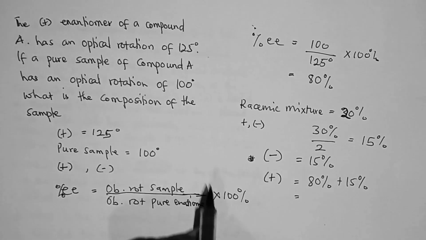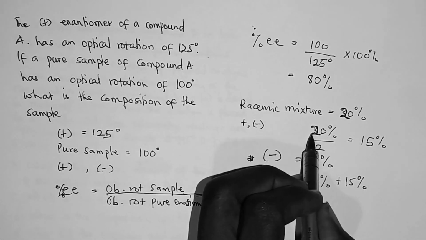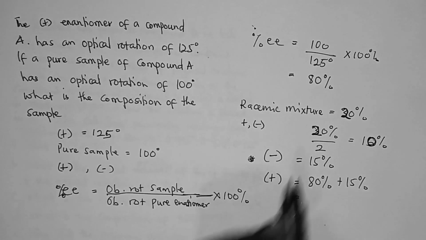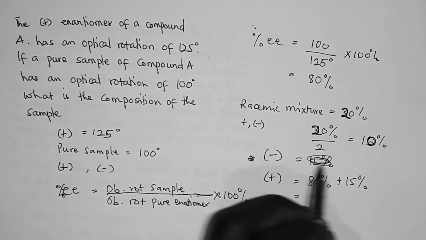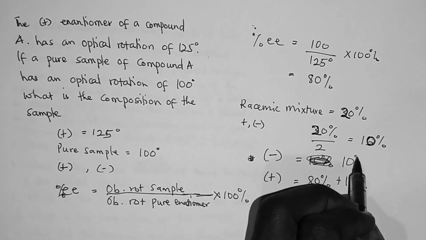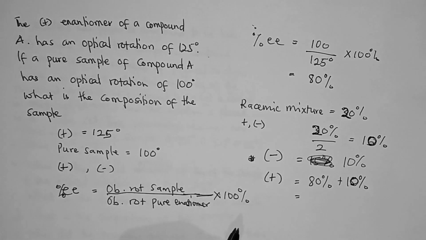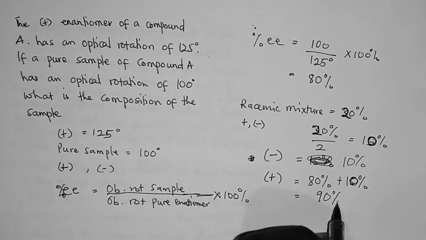So here's 20. And therefore 20% divided by 2 is 10%. So the minus enantiomer has a composition of 10%. And then the plus enantiomer has a composition of 80% plus 10%, which is equal to 90%.